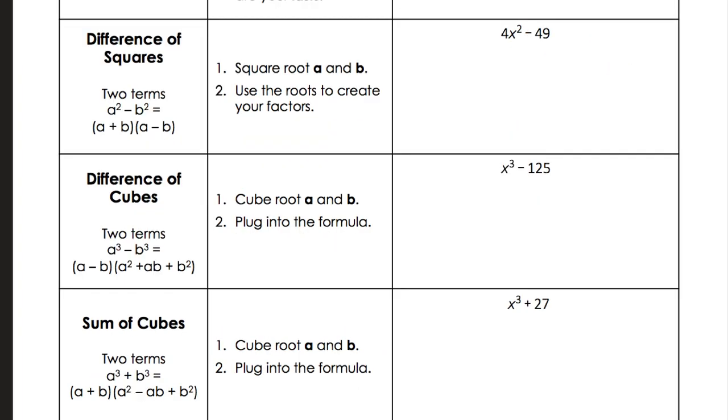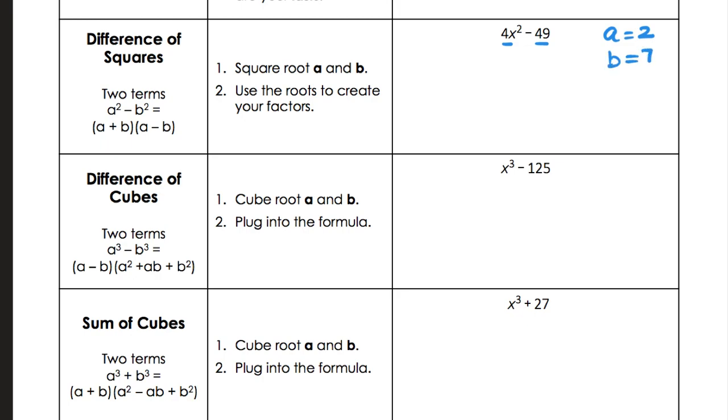The next method is called difference of squares. We have 4x squared minus 49. You have to get the square root of both terms of 4 and 49. So the square root of 4 is 2. The square root of 49 is 7.